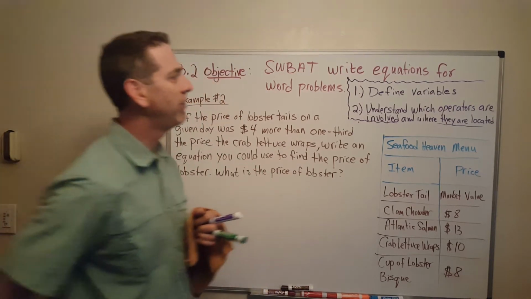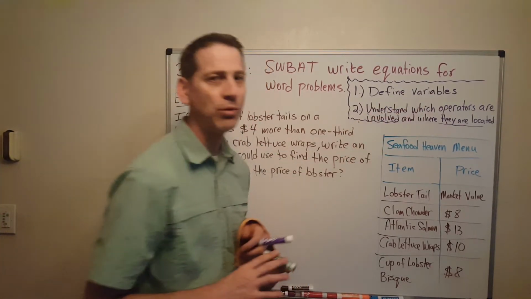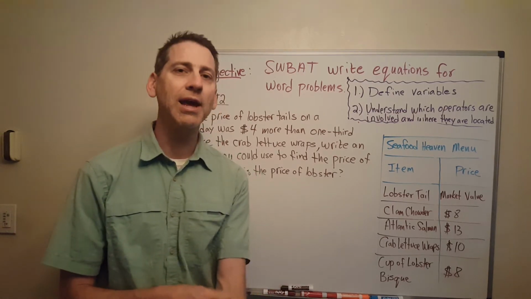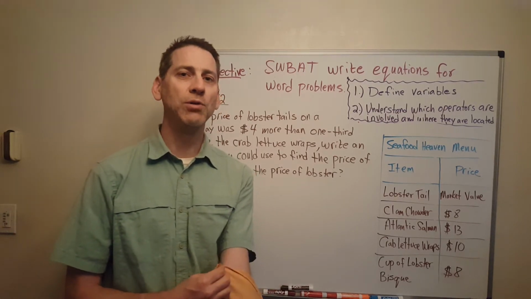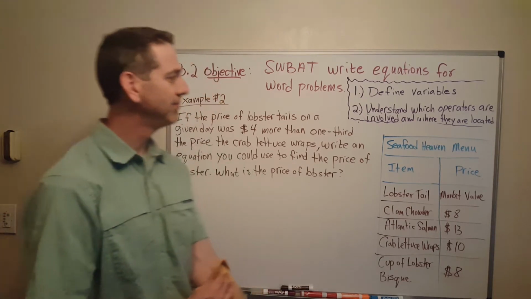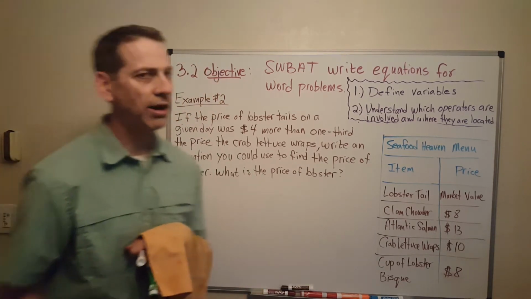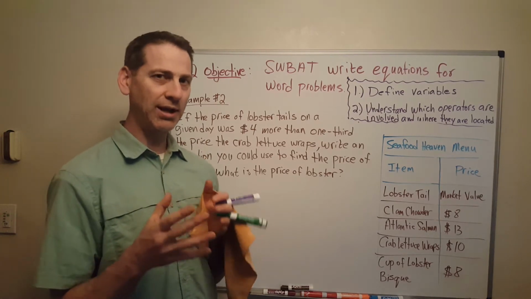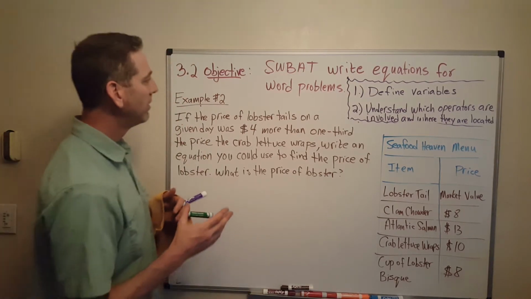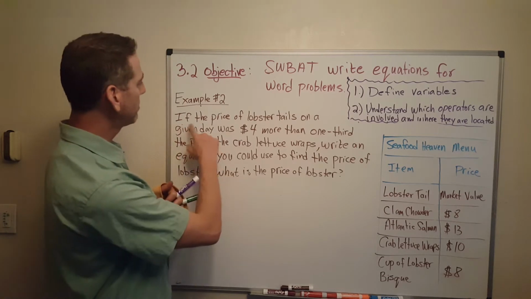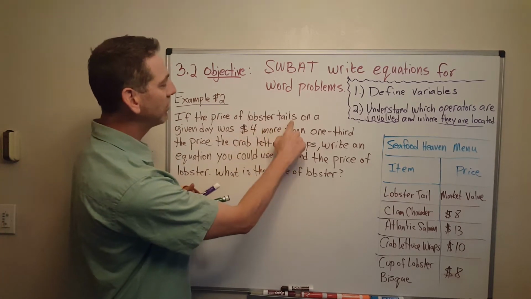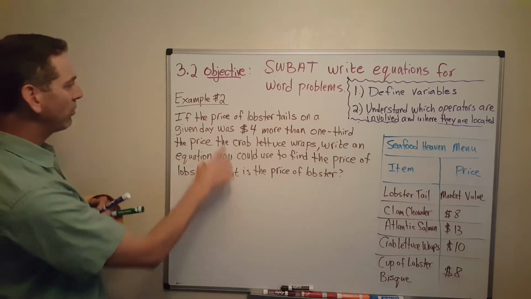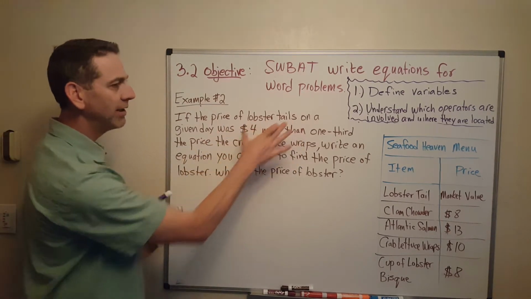All right, first of all, we're going to define our variables. All right, so go ahead and pause this video and see if you can define your variables. All right, so what are we talking about here? The variable is always the subject of the sentence. Well, we're talking about the price of lobster tails, and we're comparing the price of lobster tails.